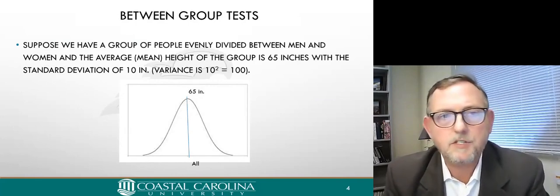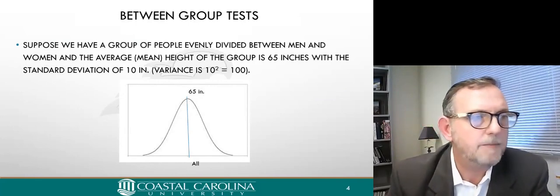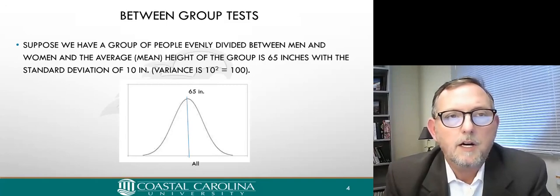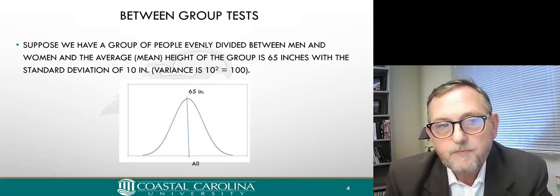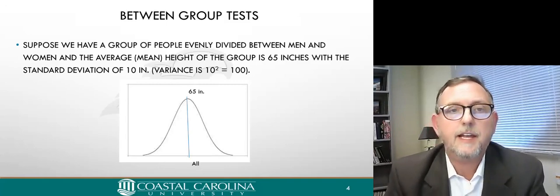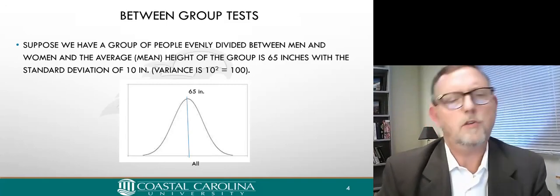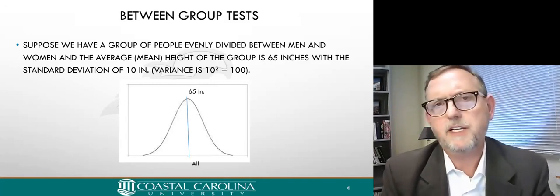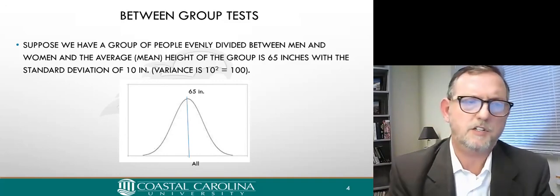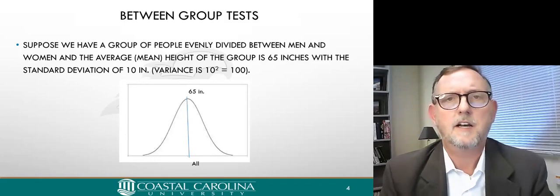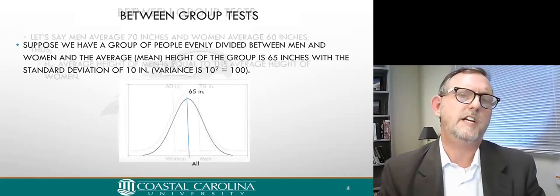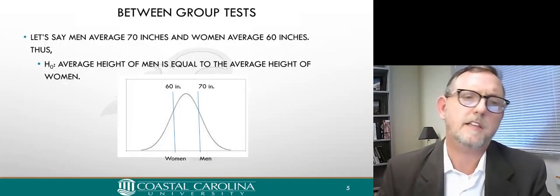Let's do a little bit of an example just to walk through what we might expect. All right, so suppose we took a random sample of people and measured their height. And we decided, well, okay, everybody averages to be a certain height, but we hypothesize that maybe gender has an influence on height.